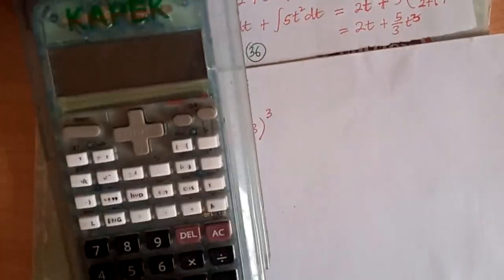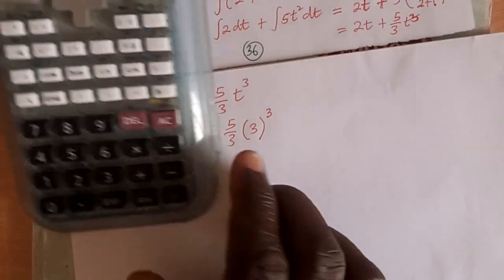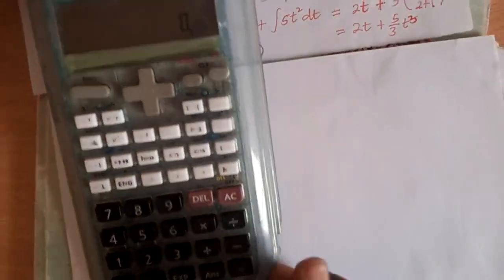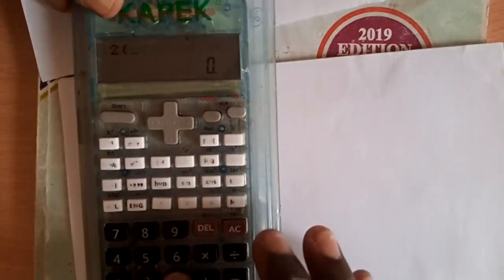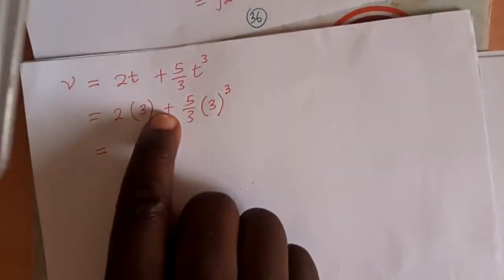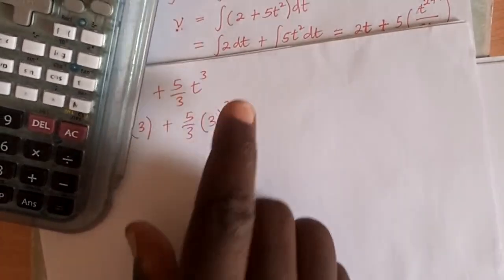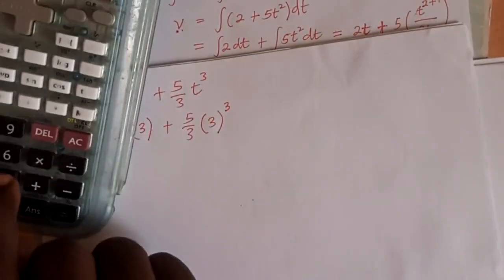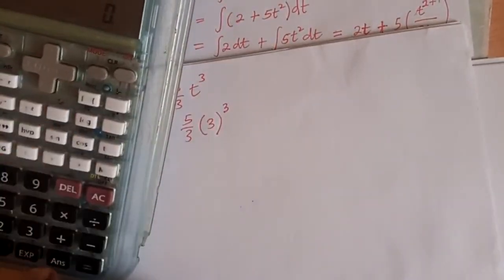You press 2 open bracket 3 close bracket, then plus, then the numerator, 5 open bracket 3 close bracket raised to the power of 3.